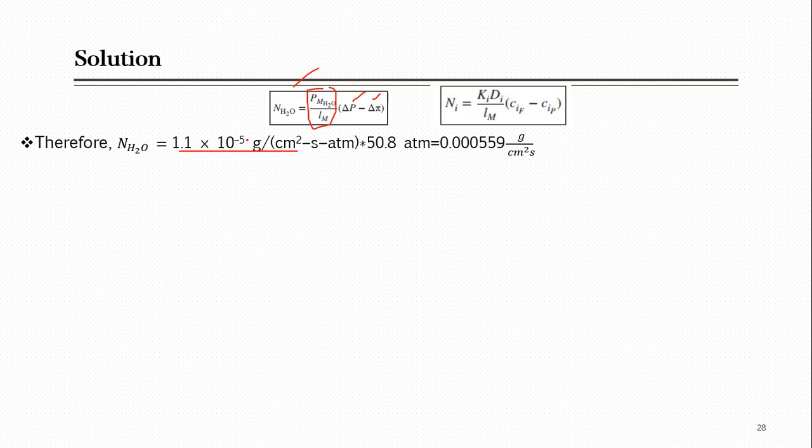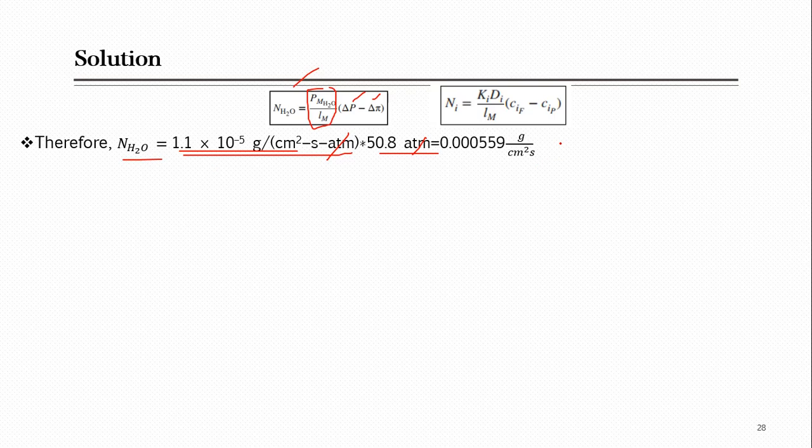So based on this, you can see that permeance was in gram per centimeter square per second per atm, and multiply by this 50.8 atm. What will cancel is atm with atm, because one is on the denominator side and the other on the numerator side. So your units left over are gram per centimeter square per second. So this is the flux of water through this membrane.